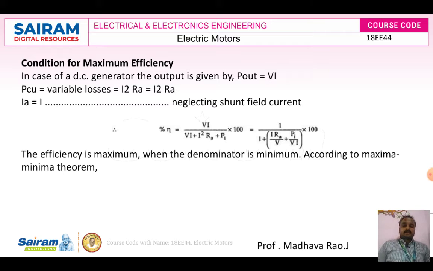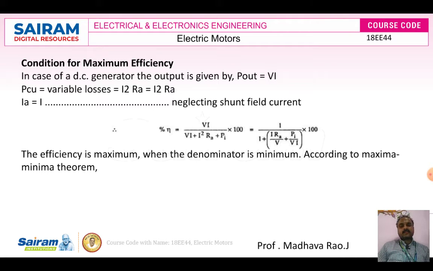Now copper losses are I square Ra, also called variable losses, so I square into Ra, not I2. Here the shunt field current is neglected, because the shunt field current is very small.